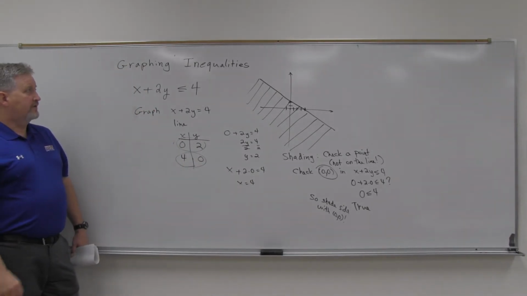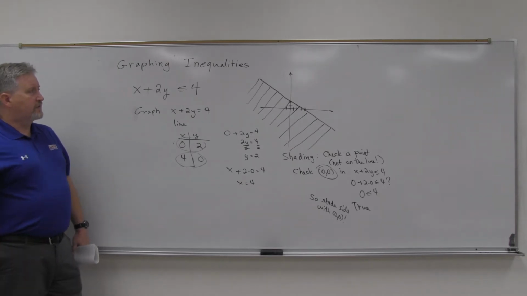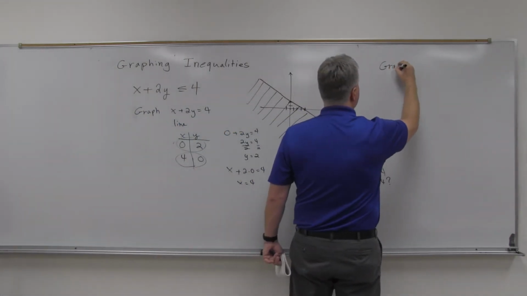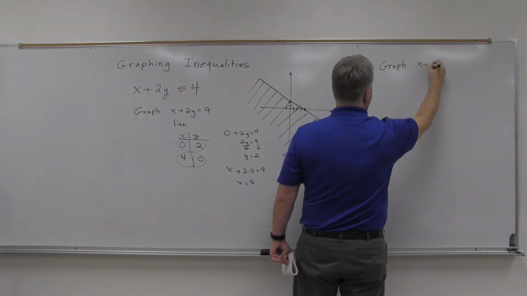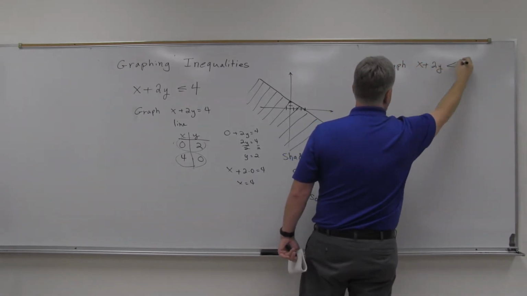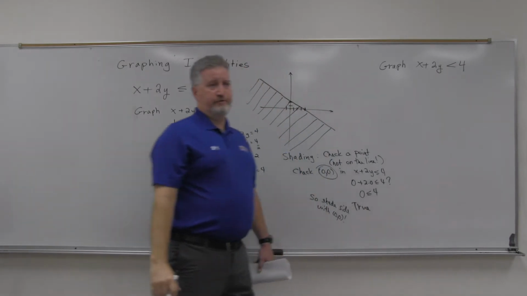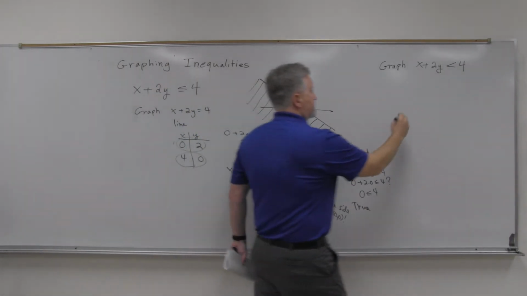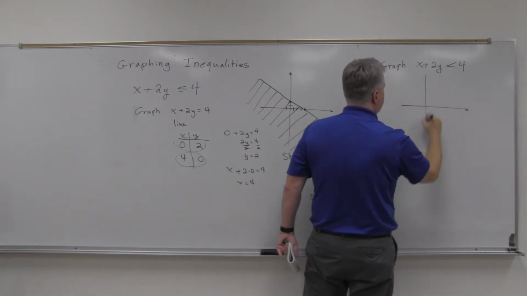Okay, now a couple other quick little notes here. If I said graph x plus 2y is less than 4 without the equal to part there, it's the same line we're talking about.